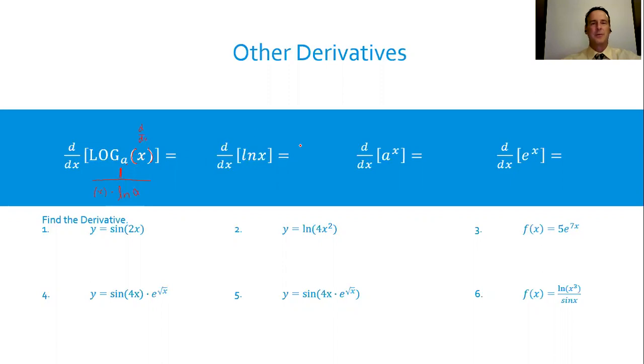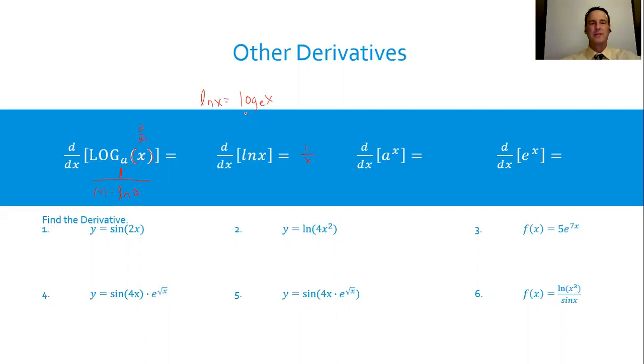Now you're used to this other one, the derivative of the natural log of x. Most people know it's already 1 over x, but why? Well, if I follow the same rules here, keep in mind that the natural log of x is the same as log base e of x. That's the same thing.